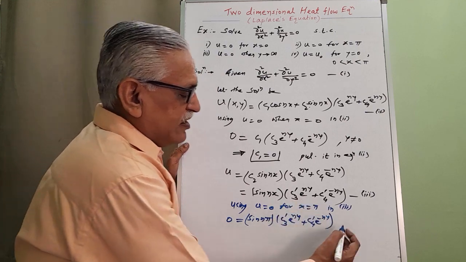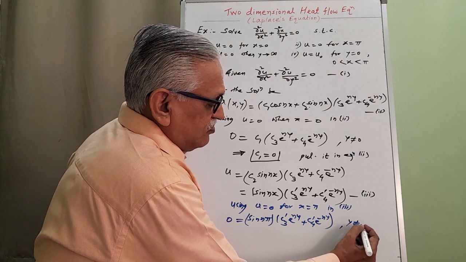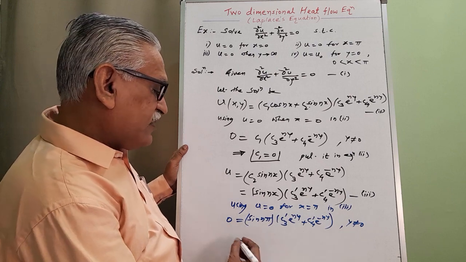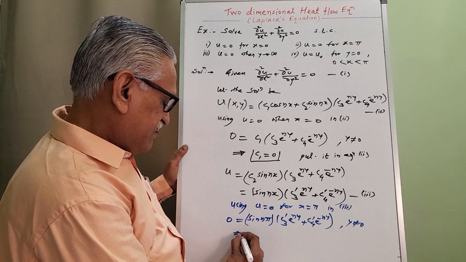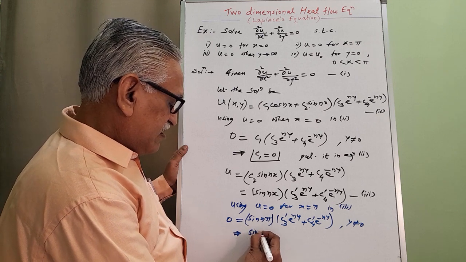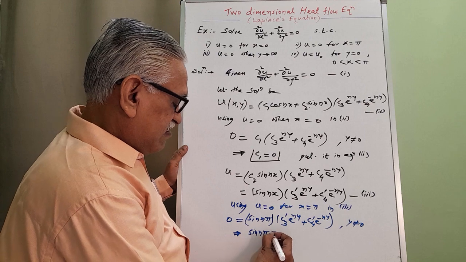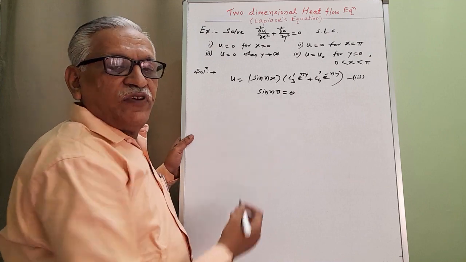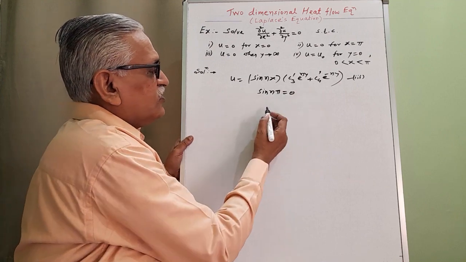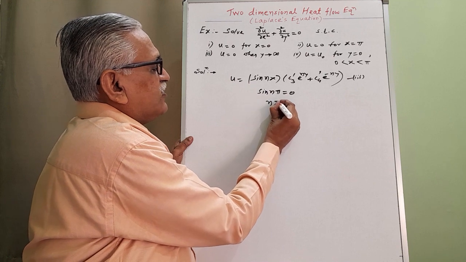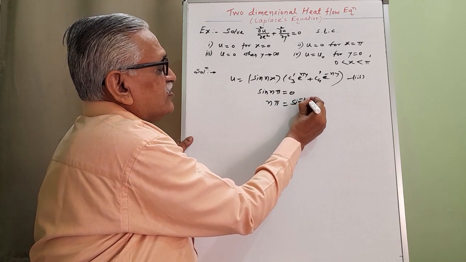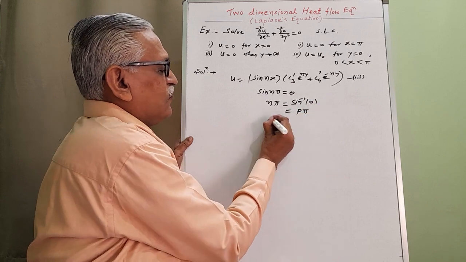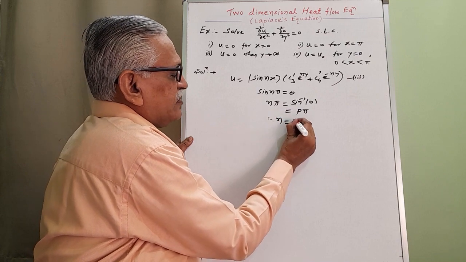When x is equal to π, again y is not equal to 0. And as y is not equal to 0, this term should not be 0. What does it imply? It implies that the remaining term, sin nπ, must be 0. Last step, we have sin nπ = 0. Transferring this to the right hand side, we get nπ = sin inverse of 0. And the value of sin inverse of 0 is the standard value pπ. Therefore, we get n = p.